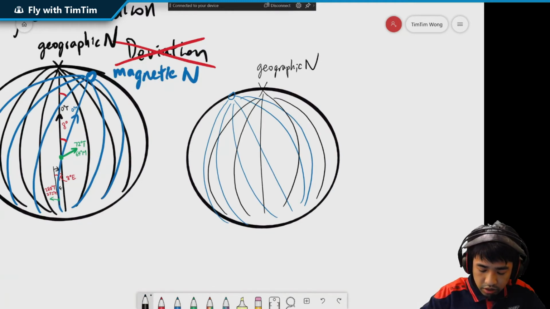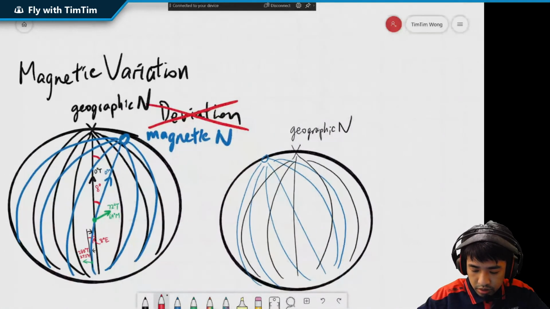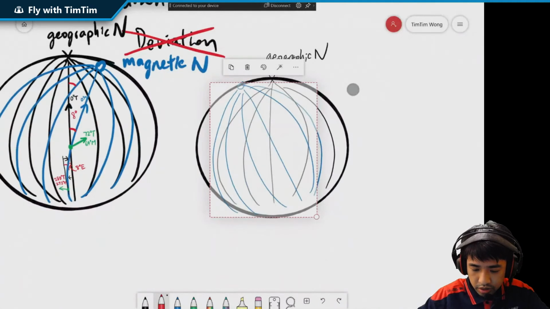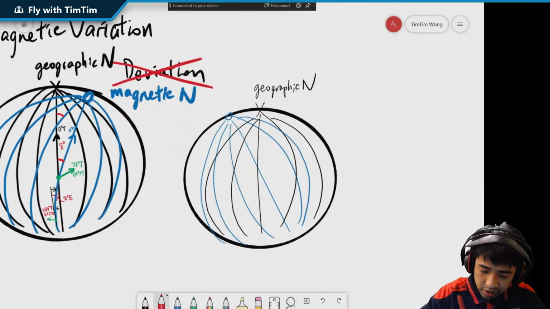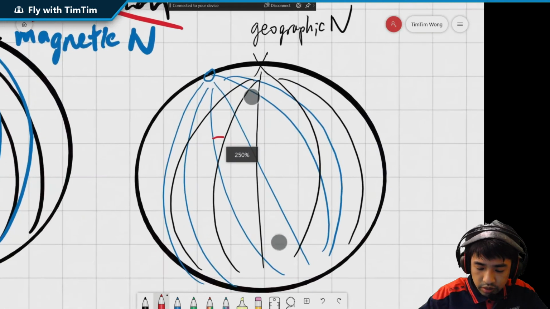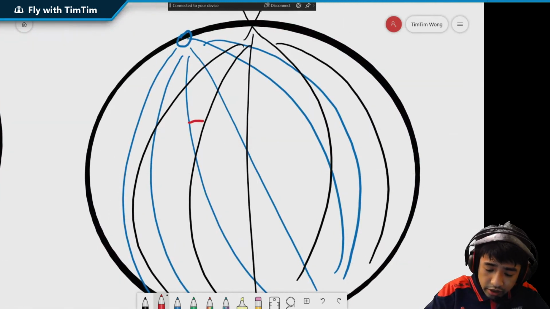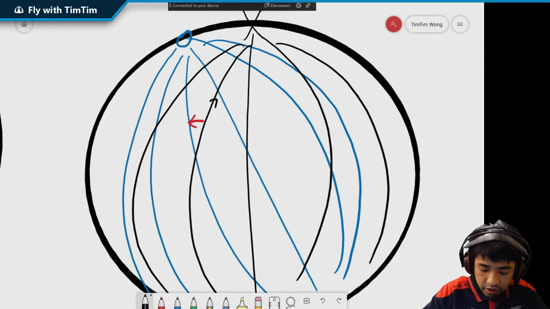Draw some lines here, and we zoom in. From true north to magnetic north, that is from the black line to the blue lines, here it is counterclockwise. It's to the west, from black to blue.